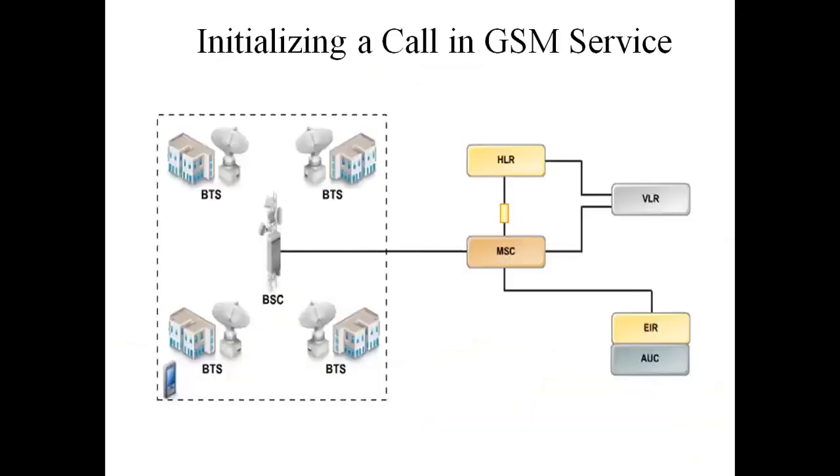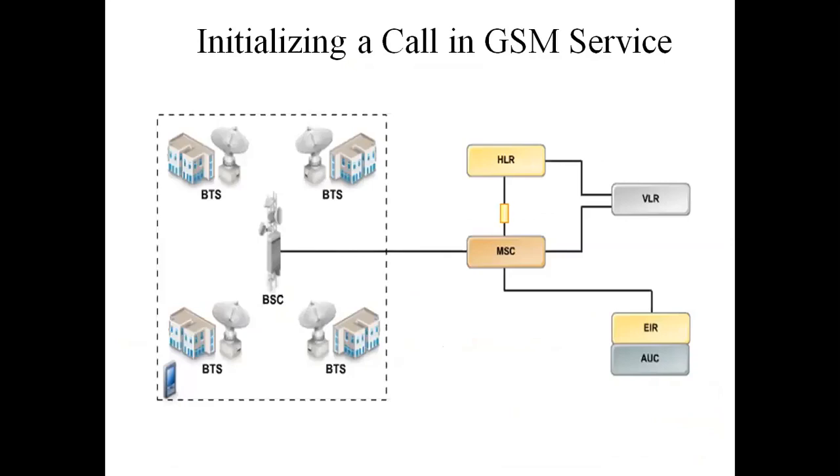So now, whenever we are going to initialize a call in GSM service, you can see that here is one cell phone. And when the cell phone is turned on, it scans all the available frequencies for the control channel.